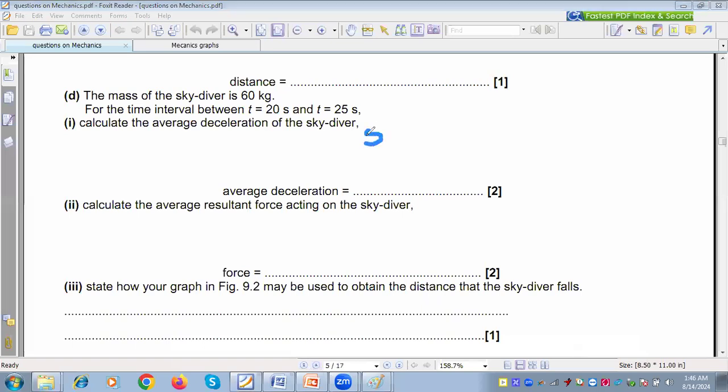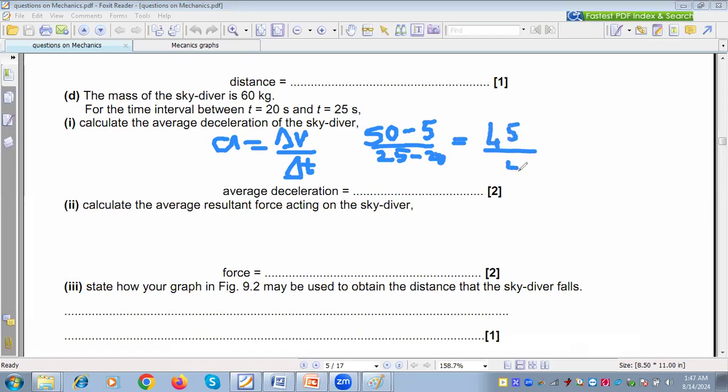So 5 minus 50, delta V. A equals delta V over delta T. So minus 45 over 5, because 25 minus 20 is 5, means 9 meter per second square. So this is the average deceleration.